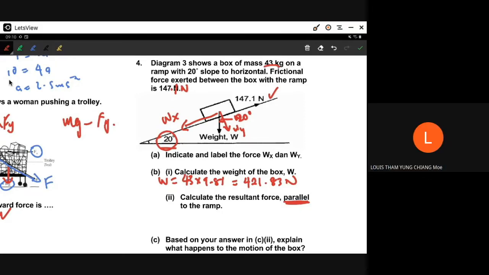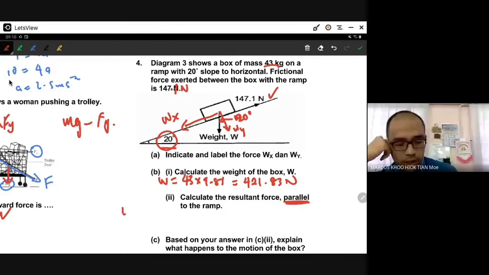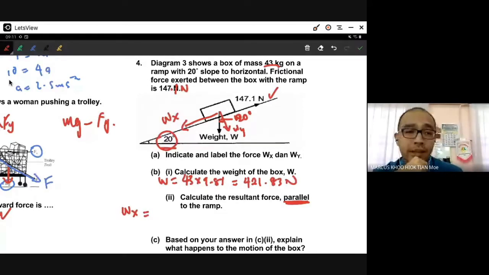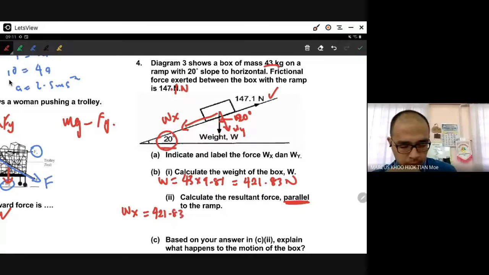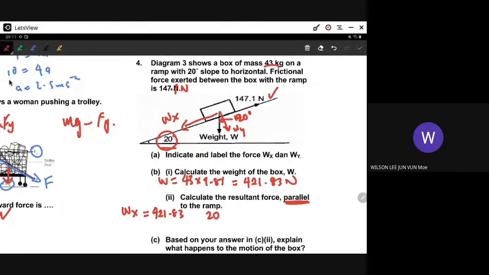Wx. Okay, tell me how to find Wx. Wilson, can you help us out, please? What is Wx? Is it sine or cos? Sine 20.